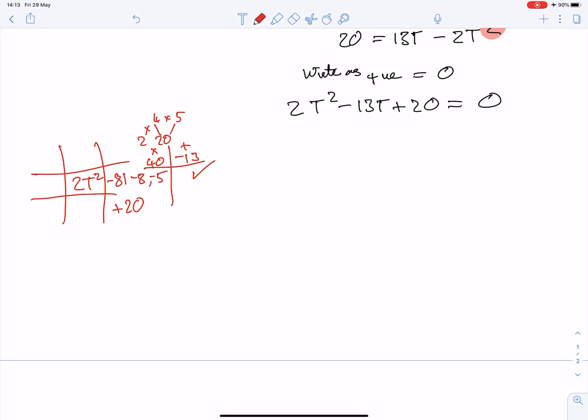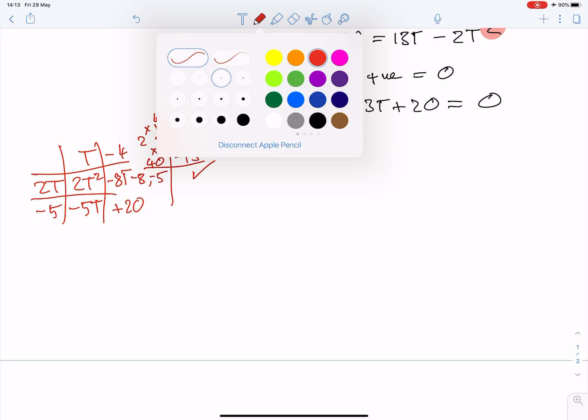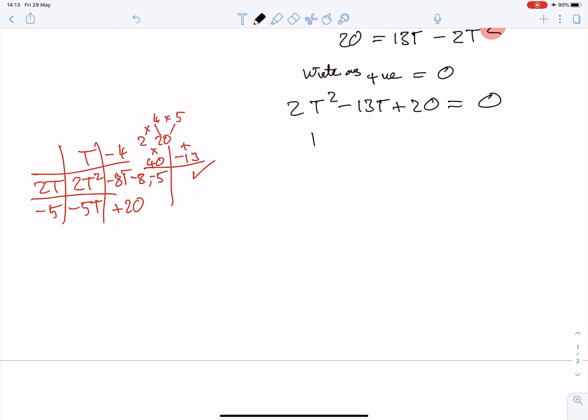So minus 8t minus 5t, 2t comes out as a factor, minus 4 minus 5. So we get t minus 4 and 2t minus 5 equals 0. So t equals 4 and t equals 5 over 2.